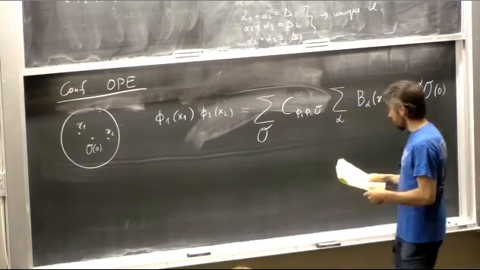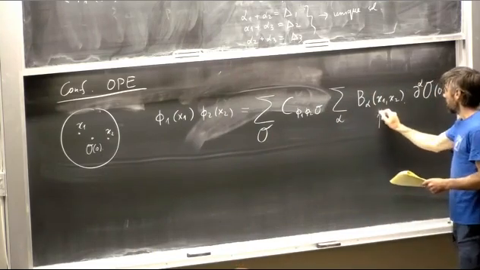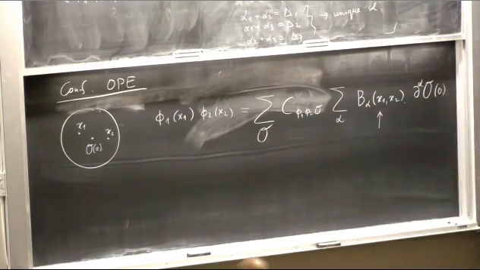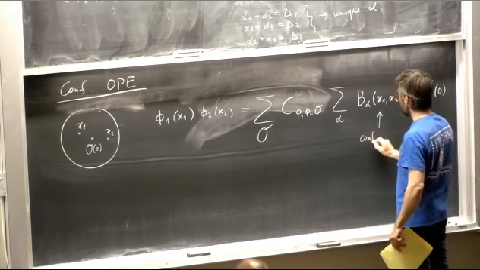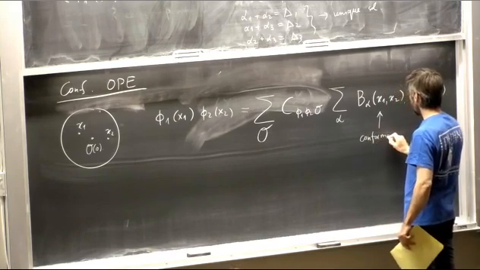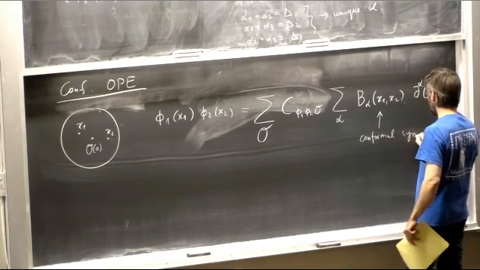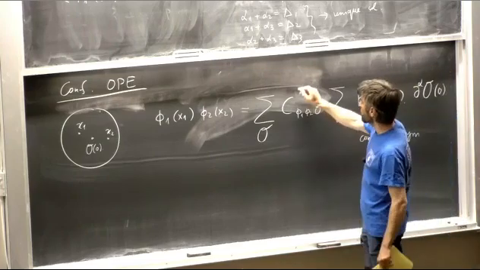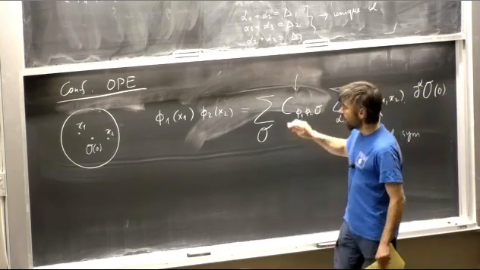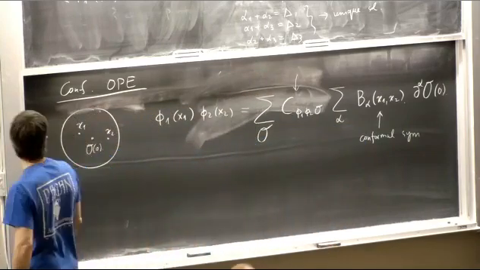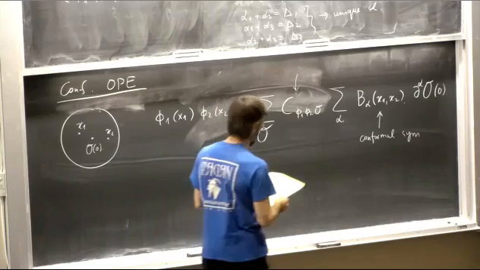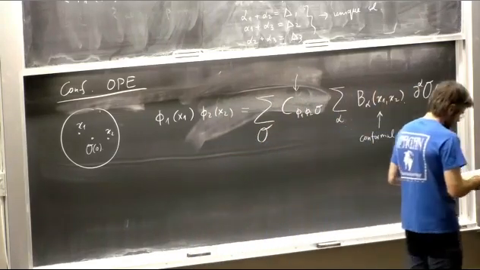As she said, and as I confirm, which is valid also in d dimensions, this function is fixed by conformal symmetry. The only things not fixed by conformal symmetry are the dimensions and spins of the operators which appear in the OPE, and the OPE coefficients.